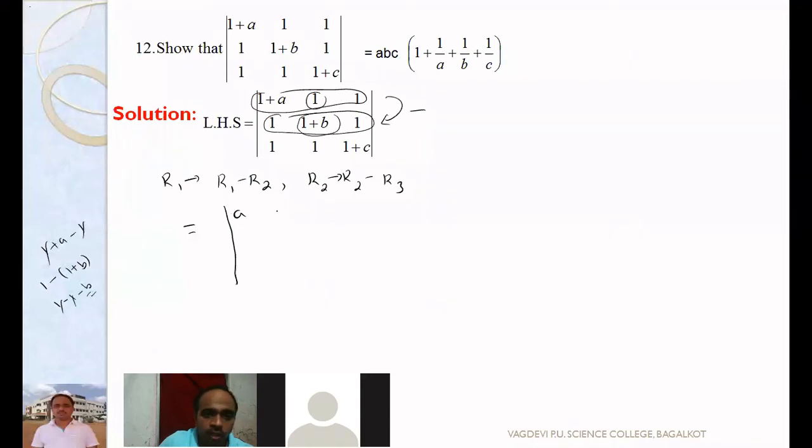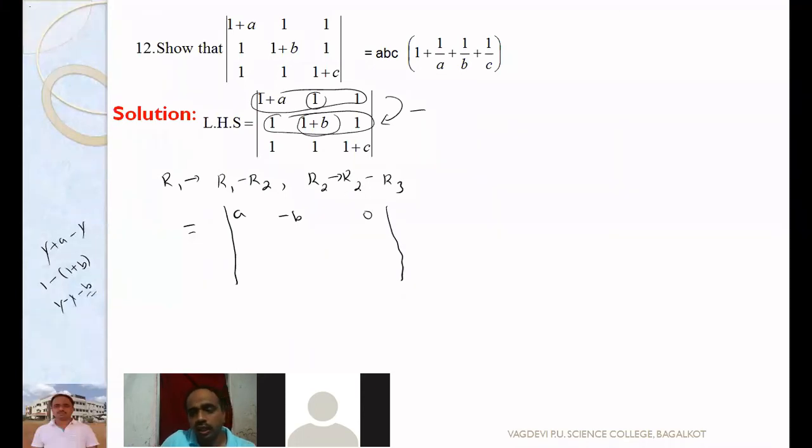What is the answer? Minus B. Do it in the margin. You will not get the direct answer; you will be confused. You may ask, where is the bracket, sir? You have to put the bracket because 1 plus B has 2 terms. When there are 2 terms, 3 terms, put a bracket. Next, again, 1 minus 1 is 0. First row is over.